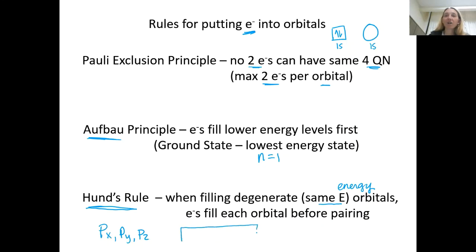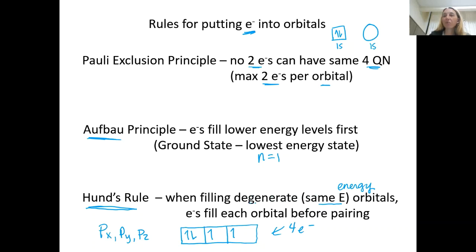So if I have electrons, okay, all these three p orbitals are the same energy. So when I fill electrons, if I have 4 electrons to put into these boxes, I fill 1, 2, 3. So I fill each orbital and then I pair them. 4. Okay. So in these p orbitals, there's 4 different electrons.